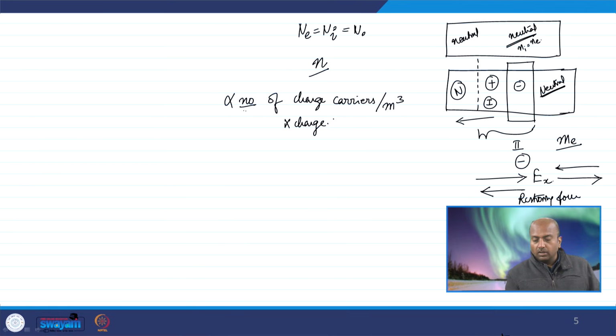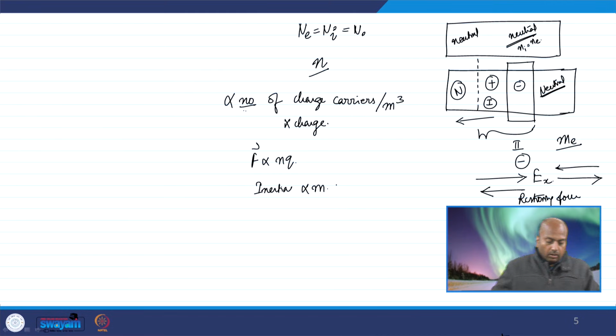So the restoring force F is proportional to NQ. N is the number of charge carriers per unit volume, and Q is the charge per particle. Now, the inertia, the other counterpart which is acting opposite to this force, is dependent on the mass, no doubt. Inertia is proportional to the mass.